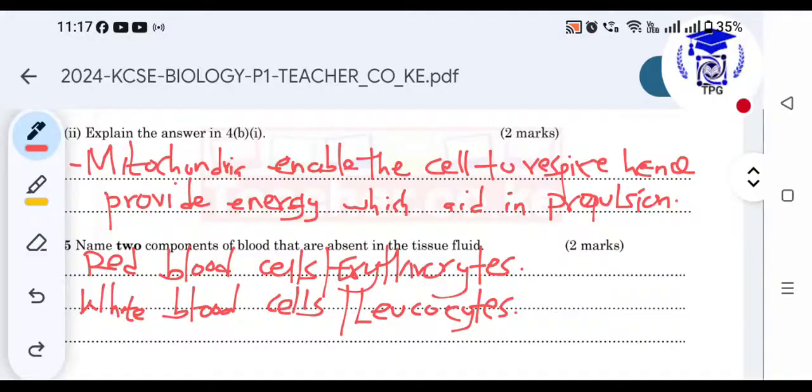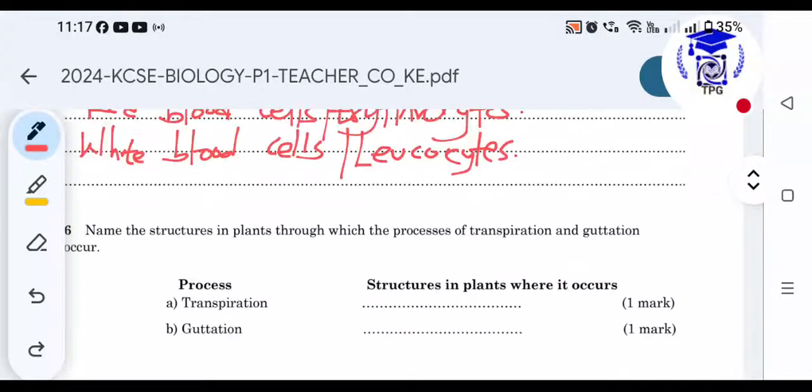So what happens in this scenario? The tissue fluid is the fluid that is filtered out from the blood, and this fluid contains some nutrients such as glucose and amino acids, but larger blood proteins such as albumin and fibrinogen are not filtered out because they are large molecules and cannot fit through the intercellular spaces.